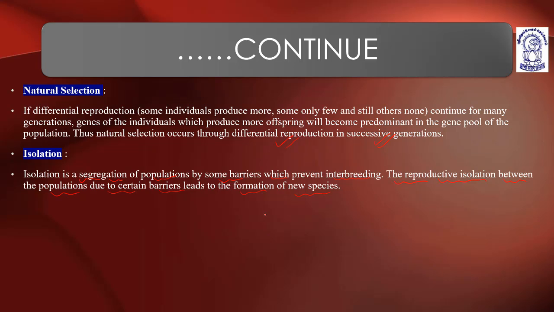So isolation is a segregation of the population by barriers which prevent interbreeding. The reproductive isolation between populations due to certain barriers leads to the formation of new species. These are some common points which lead to the formation of new species, or speciation.